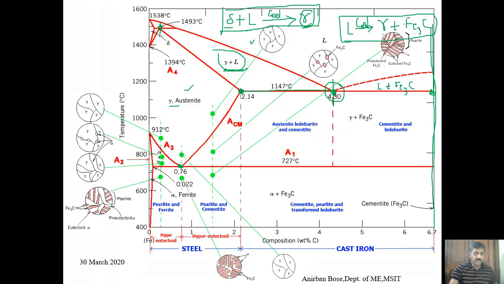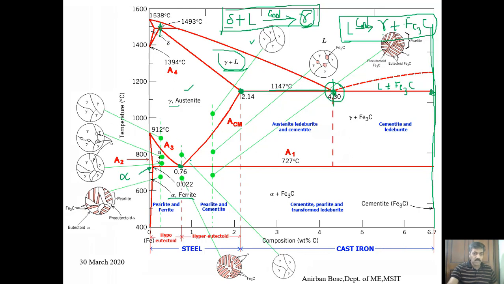Here you can see another primary phase in this region. You can see the carbon going into the iron and forming a single phase in this region, and this is what is called alpha iron or ferrite. This is the alpha phase, another primary phase in this region.